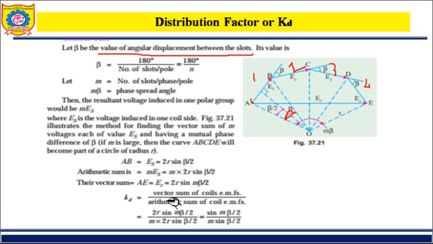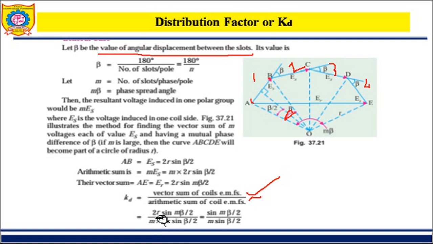Once again I am repeating my definition. Distribution factor is the ratio of the induced EMF with distributed winding to the induced EMF with concentrated winding in one slot. So this is nothing but the ratio of the vector sum of coil EMFs to the arithmetic sum of coil EMFs.